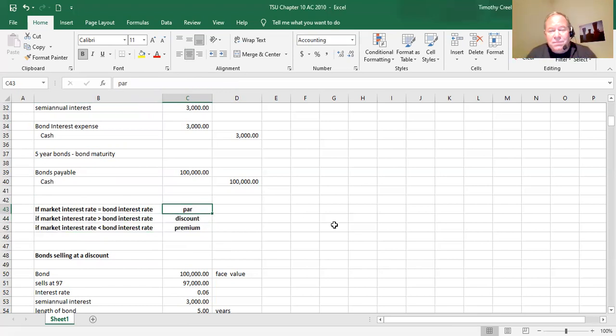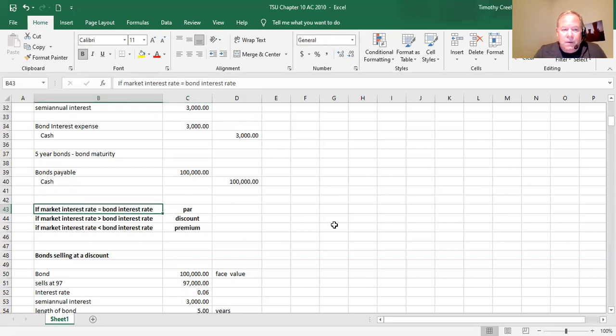What this means is if similar bonds in the marketplace are selling at 6%, and my bond is paying 6% interest, my bond is going to sell right at face value. Because my bond is paying the same interest as they can get somewhere else in the marketplace, it's going to sell at face value.